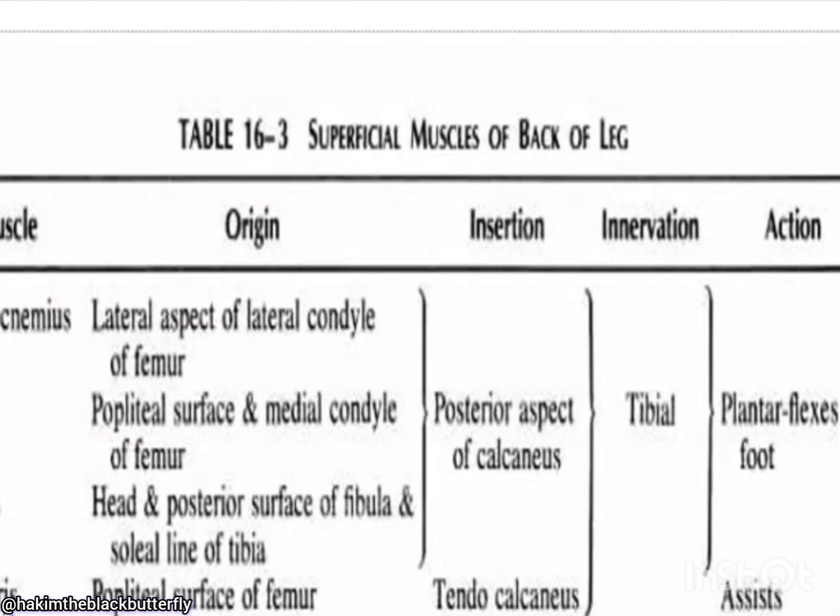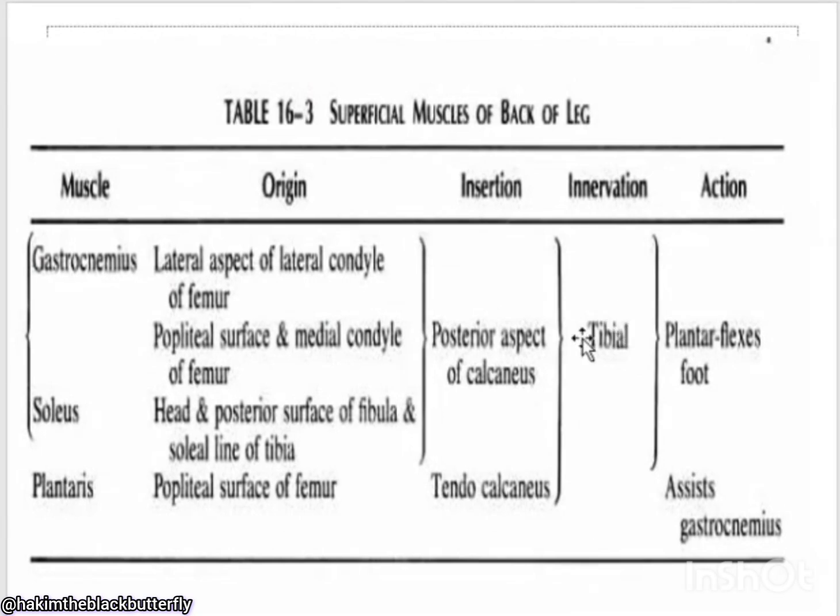Then there's a small muscle known as plantaris. Its tendon joins the tendon of these two muscles, which will insert in the calcaneal bone. And they are supplied by the tibial portion of the sciatic nerve. They are plantar flexors. They are opposing tibialis anterior.